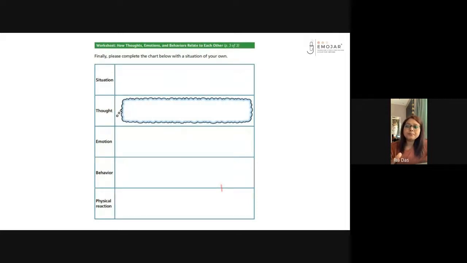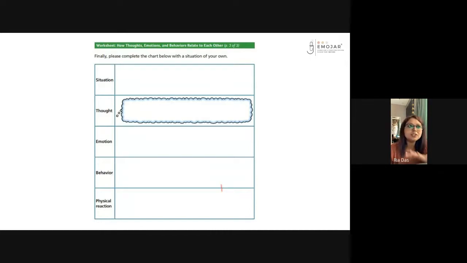So let them get certain inputs from the environment where they are involving themselves in the process. Use metaphors, storytelling techniques, and puppets to enact the situation, how they are feeling, what they are thinking, what the behavioral outcome is, and how it is helping them, and how they can modify their thoughts in order to feel a little better.